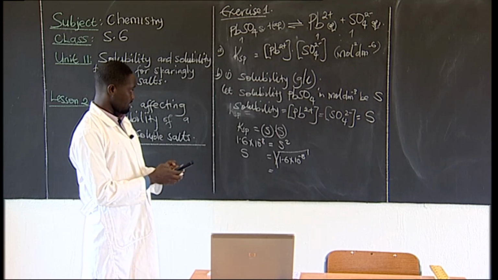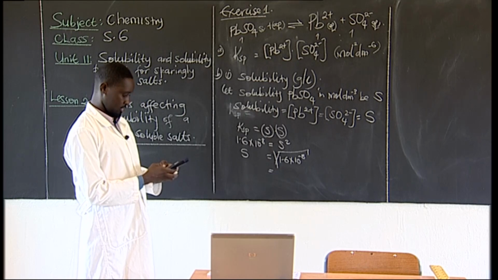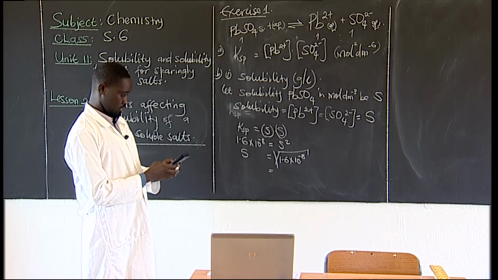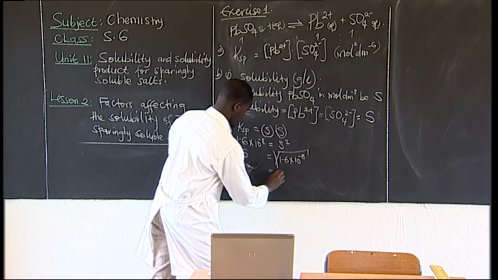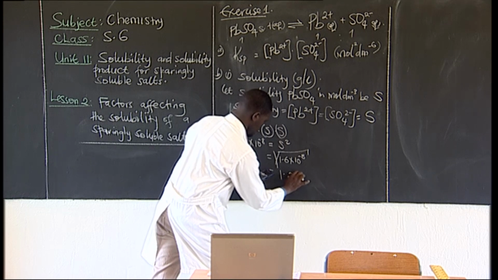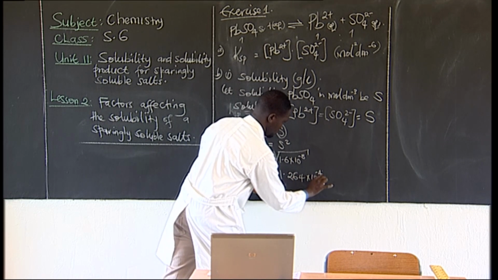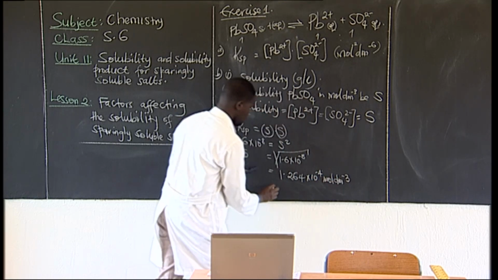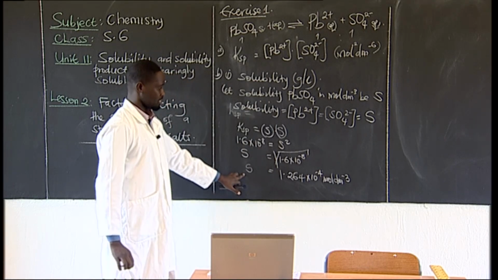So what is that? That is 1.264 times 10 power negative 4 mole per decimeter cubed. So this is our solubility, which we termed as S.